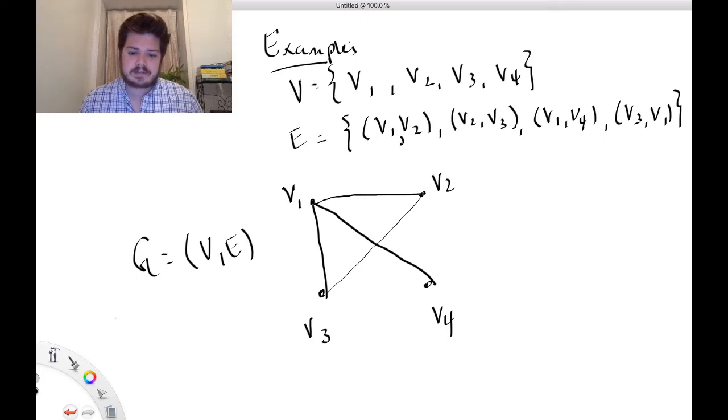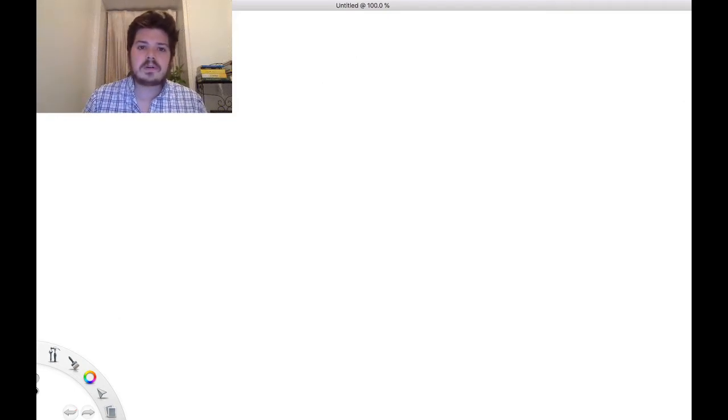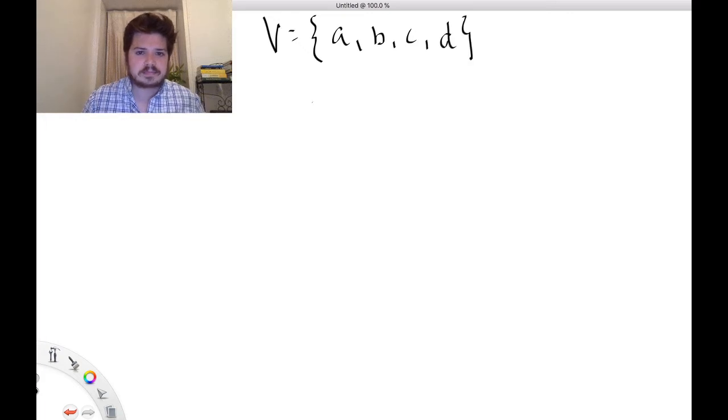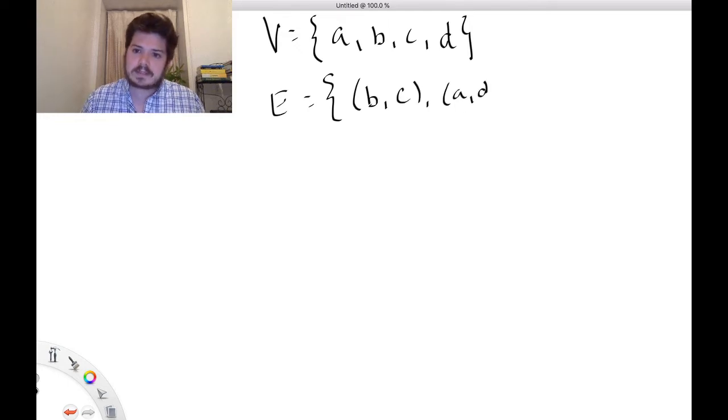Okay, so let's do a different graph. Let's do vertex set A, B, C, D. They don't always need to be V's. And let's have the edge set as BC, AD, CA, and AB.